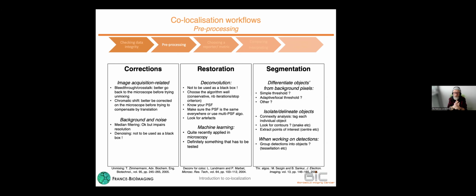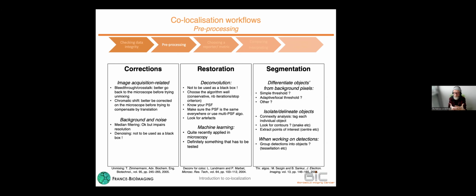In terms of background and noise, it's better to have good images with a nice signal to noise ratio rather than using filtering that might impair the resolution, or denoising. And denoising, especially, don't use it as a black box. Just try to think about what is going on and how it could affect your analysis.